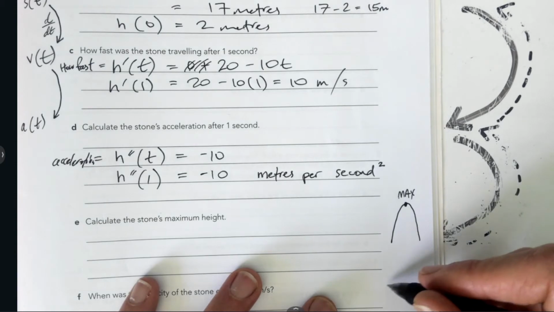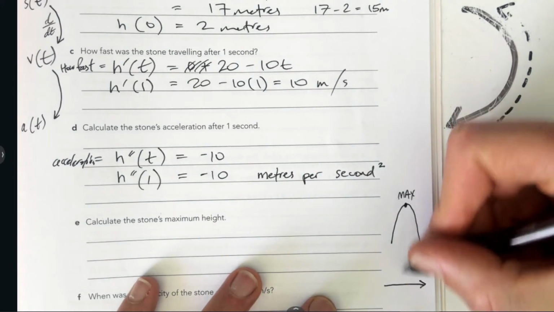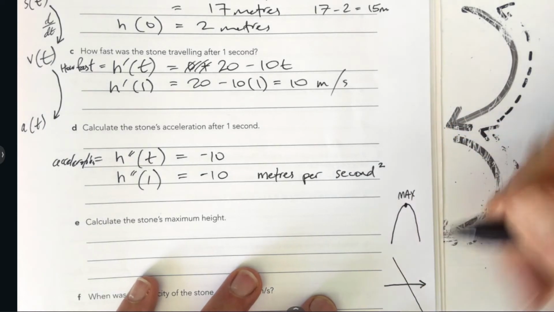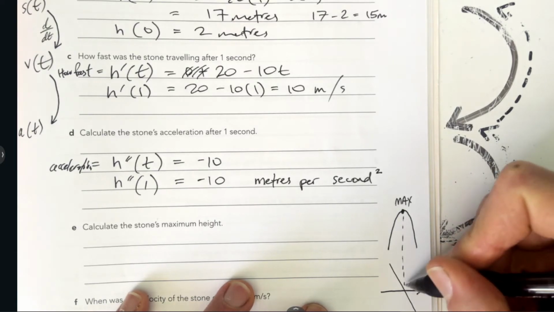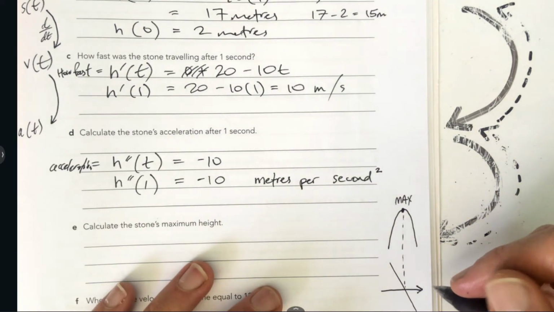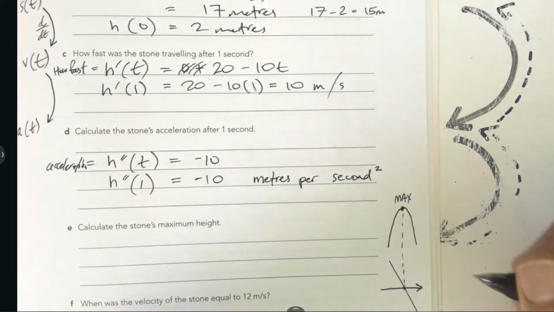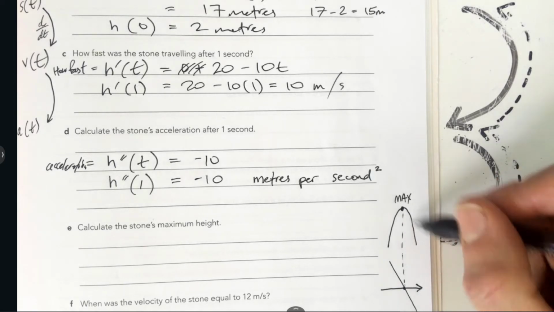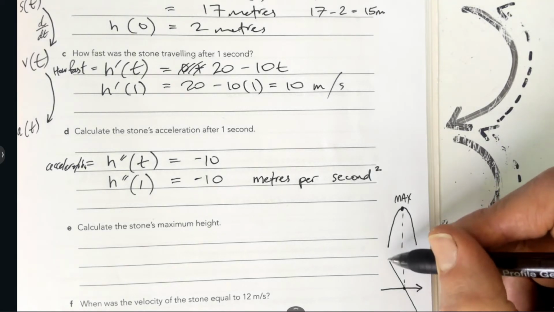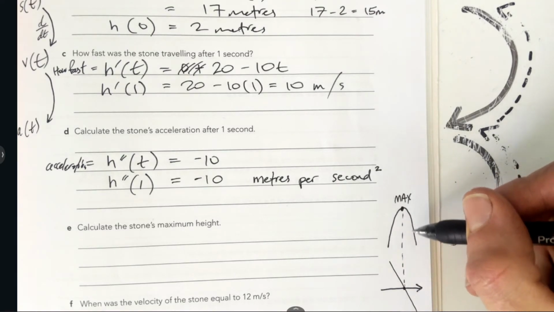Remember, when we differentiate, a negative parabola is going to get us to a negative linear graph, and this max will correspond to the point where the velocity of the stone peaks out. I mean, when the velocity of the stone hits 0, should I say, not peaks out, when the height peaks out. When the velocity reaches 0 is the point where the stone turns around and starts falling into the core of the earth.